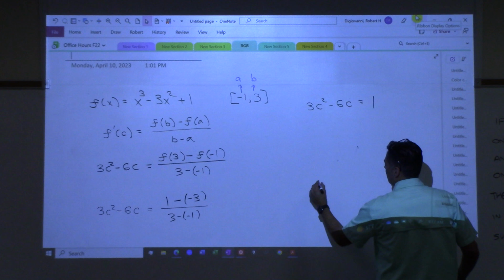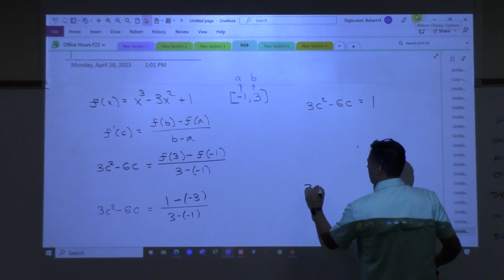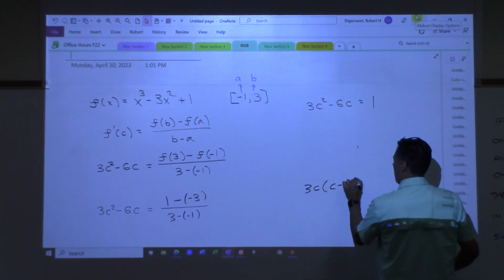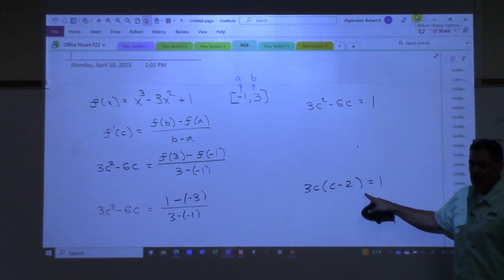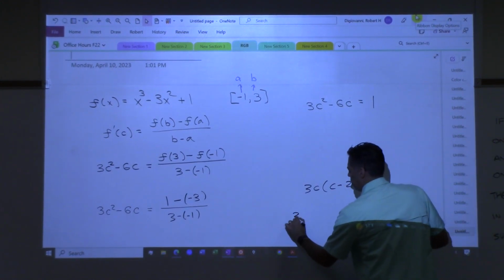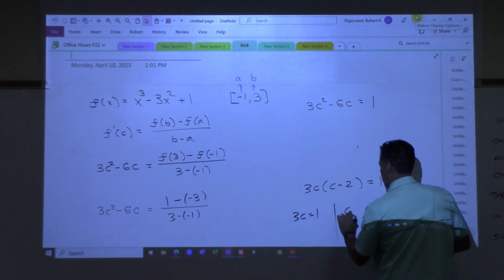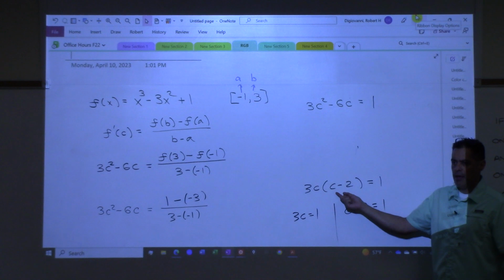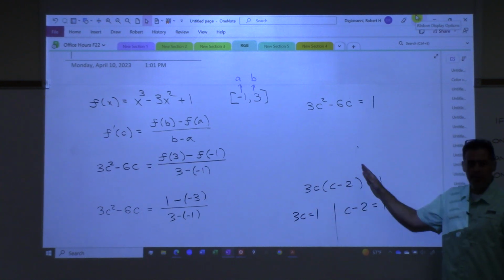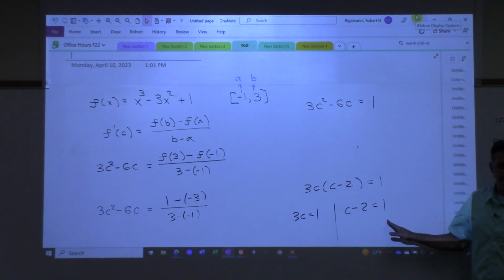If I did this, don't do this, but if I factored the left-hand side and wrote that down, can I say these two things multiply to be 1, so I set each one of them equal to 1? Is that a legal algebraic move?